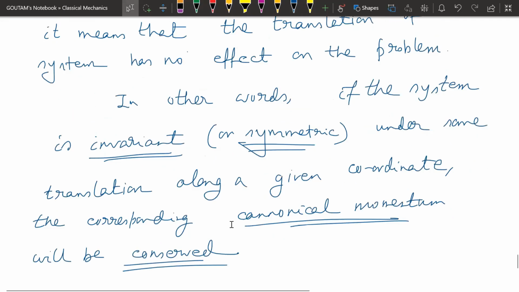So if we shift the coordinate, the system is invariant under that change, under that translation, which basically means that in the Lagrangian, the coordinate is not present. So in that case, the corresponding momentum will be conserved.